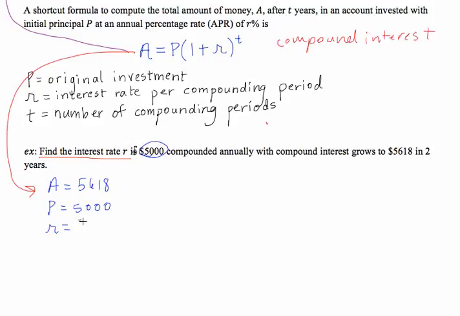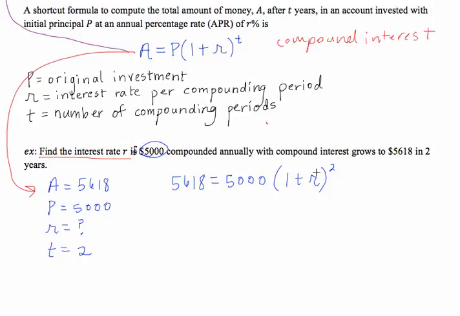We don't know that; it says find R. Next variable is T, the number of compounding periods. If you compound annually for 2 years, then your number of compounding periods is 2. So plugging all this into the equation, we get 5618 equals 5,000 times 1 plus R to the power of 2.